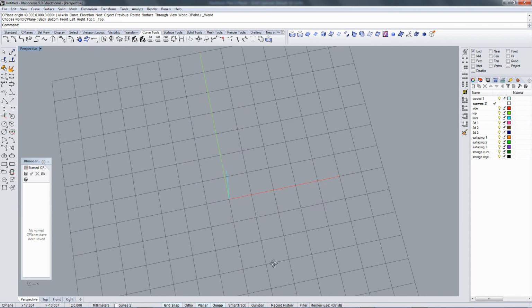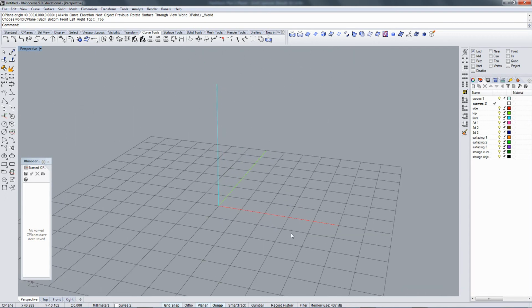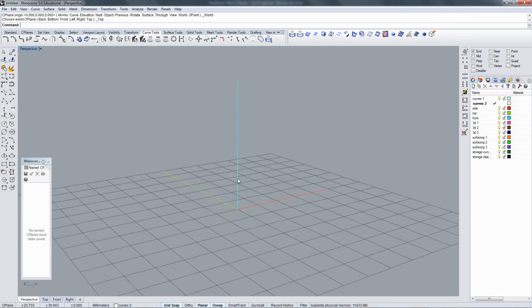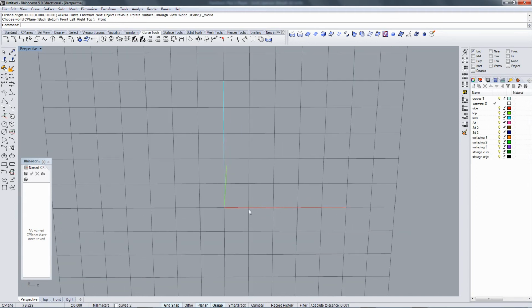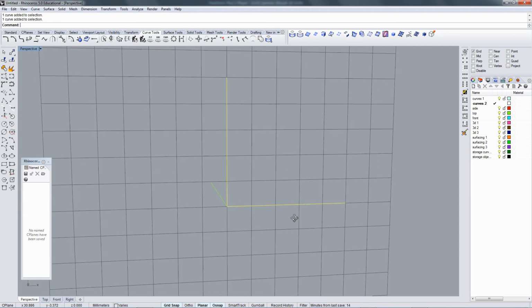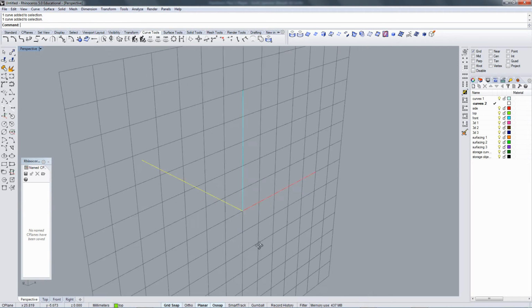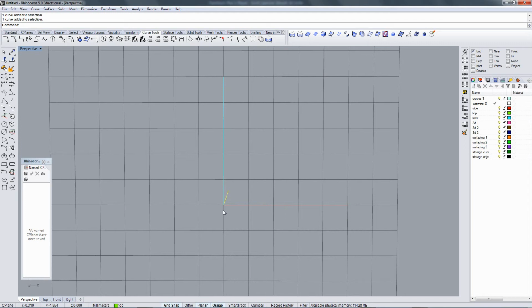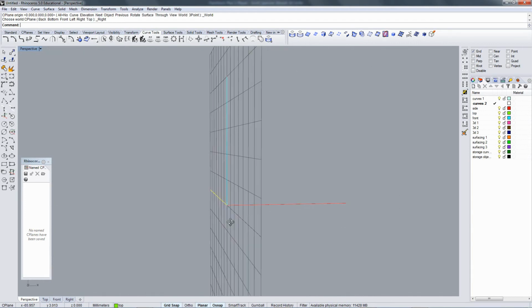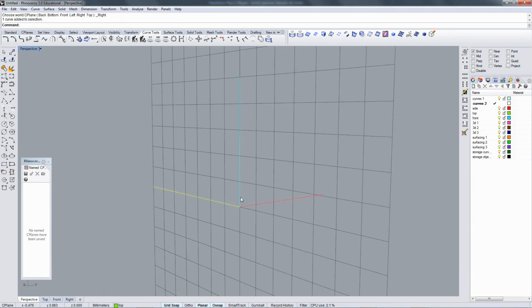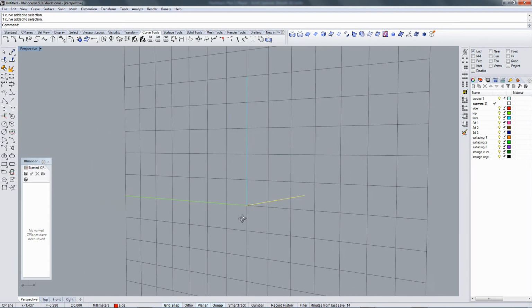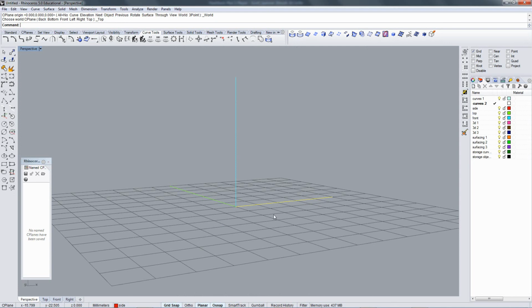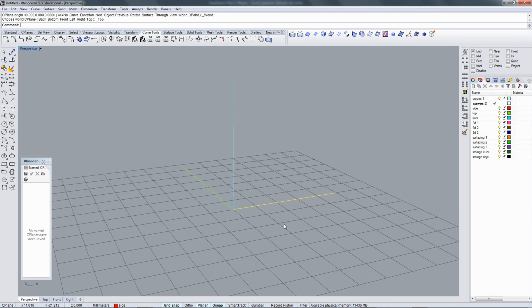Okay, so there. Top C-plane, you have X and Y, but you cannot access Z. Front C-plane, you have X and Z, but you cannot access Y coordinates. Right C-plane, you have Y and Z coordinates available, but you can't access X coordinates. So only two coordinate axes, because it's a flat grid, are available in any C-plane.